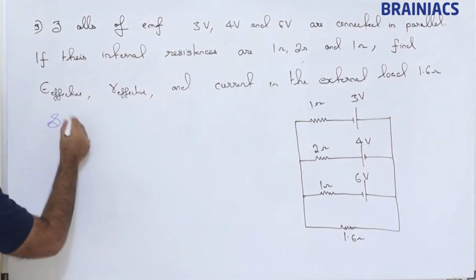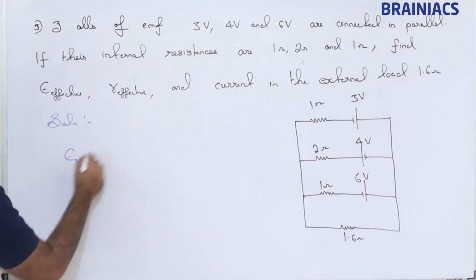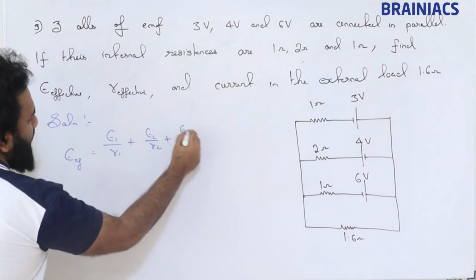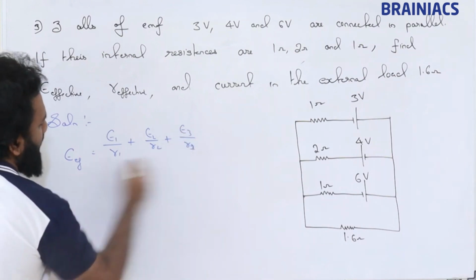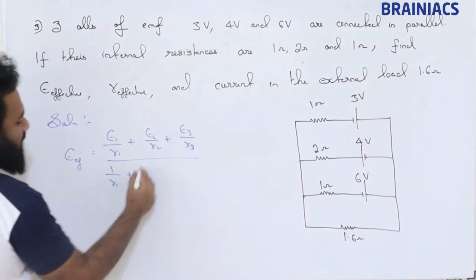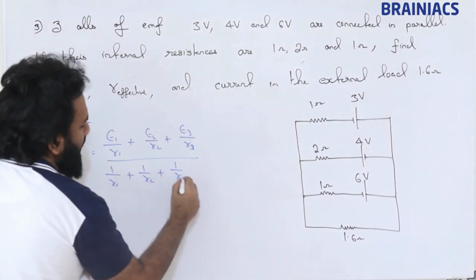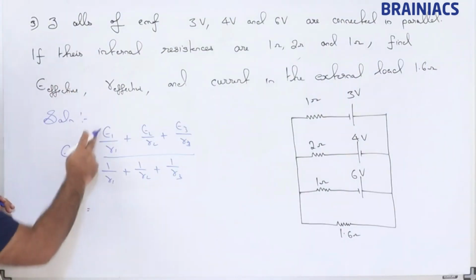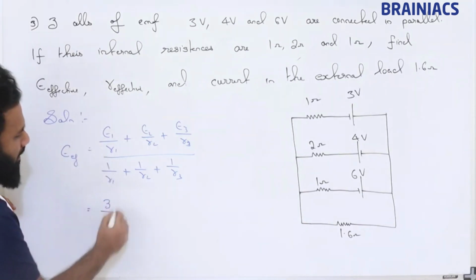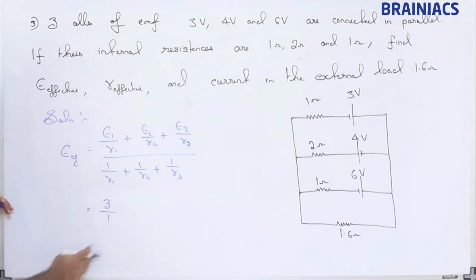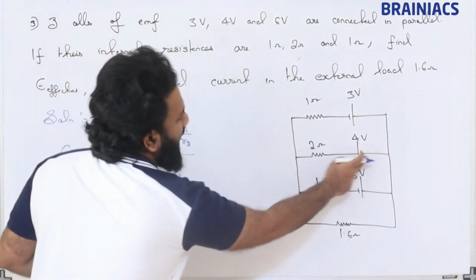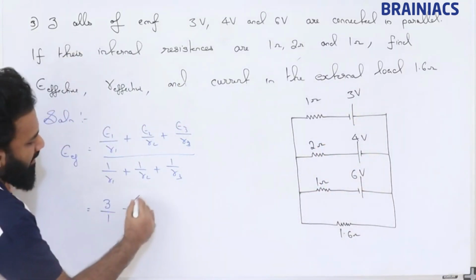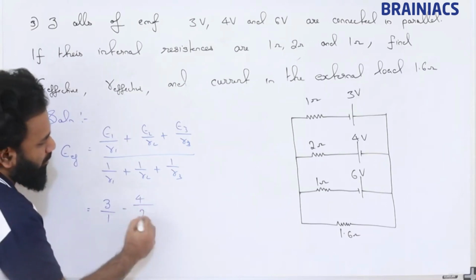We know E effective is nothing but E1 by R1 plus E2 by R2 plus E3 by R3 divided by 1 by R1 plus 1 by R2 plus 1 by R3. So E1 we can consider as 3, R1 is 1. For E2, the polarity is changed, this is minus plus, so we will have to consider that: minus 4 divided by 2.